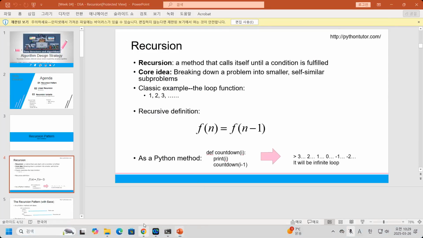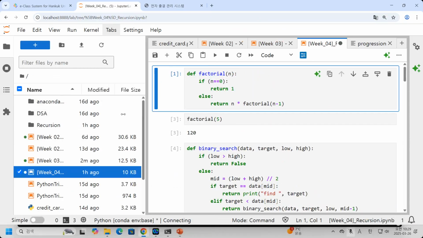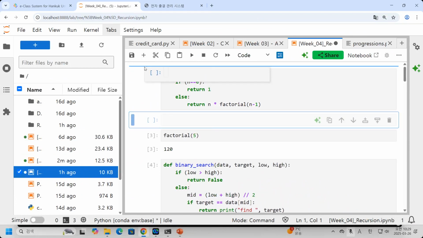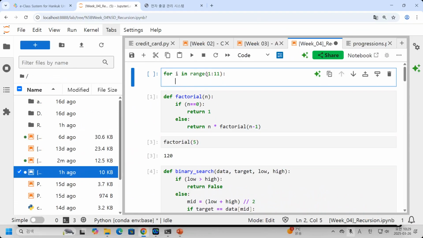Let's see what happens with the recursion. So if I have for i in range 1 until 11, print i, comma n equals length.